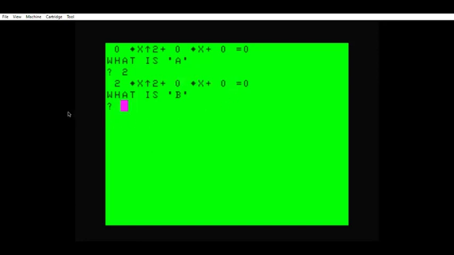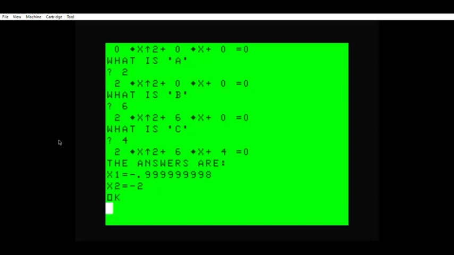Now it wants to know what b is. So in our case, b was 6. So it rewrites it again. 2 times x squared plus 6 times x plus c equals 0. And in our case, c was 4.